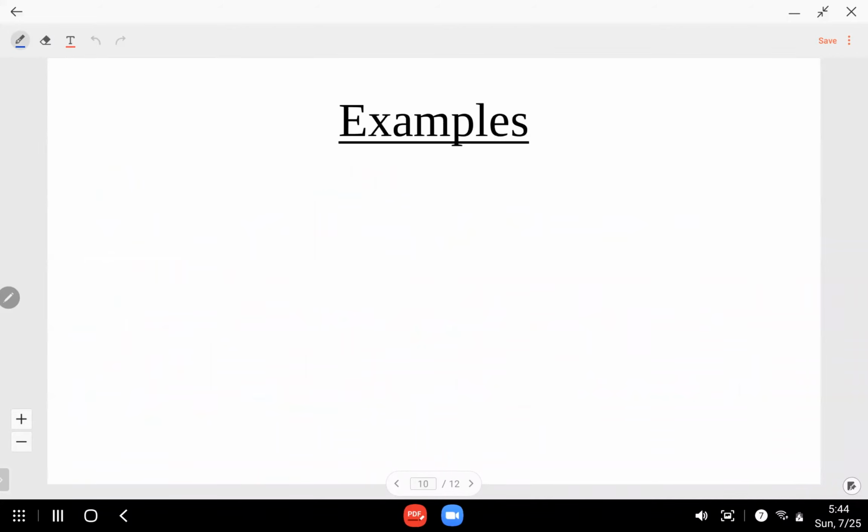Okay. So now for some examples. Let's do some examples. All right. Example 1. Please do this on your scrap piece of paper.